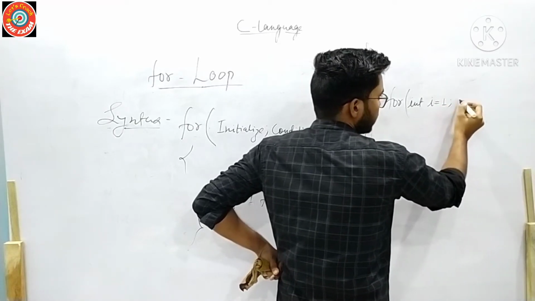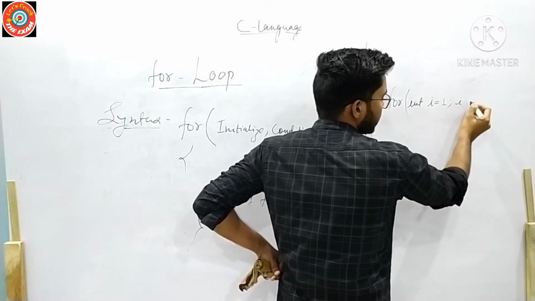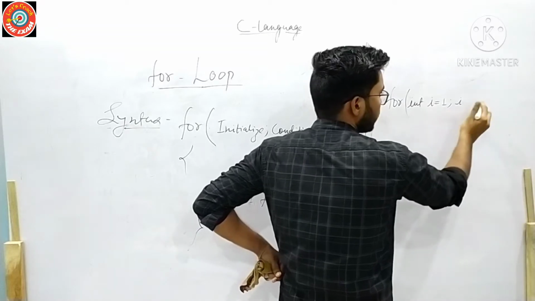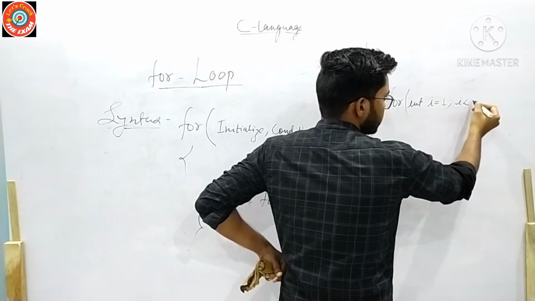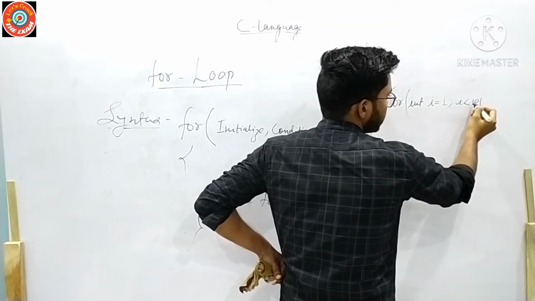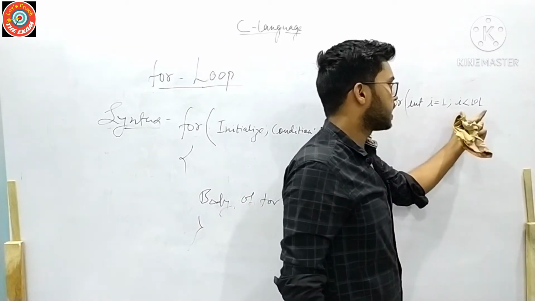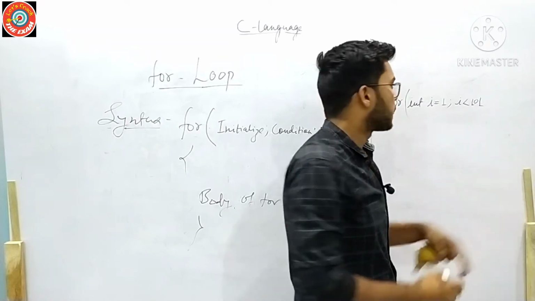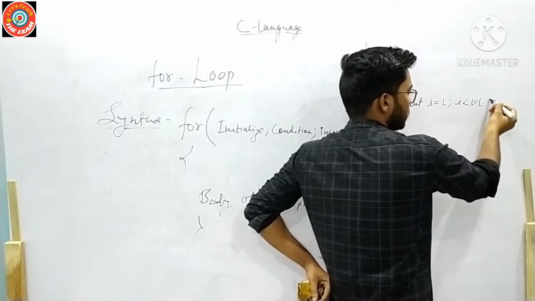Now we will write a condition, using a semicolon, in which the for loop will run. We want to print till 100, so we will use the condition that i should be less than 101, so it will stop at i equals 100.